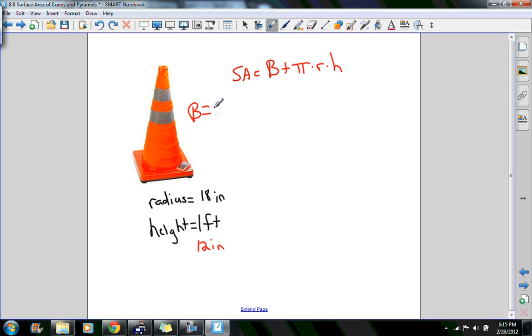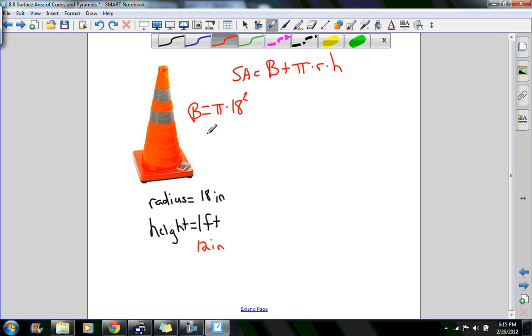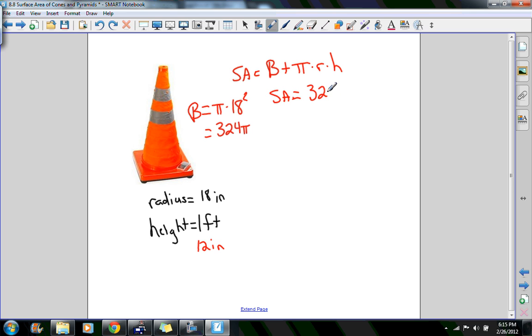So our base is going to be pi times r squared, which is 18 squared. I do not have 18 squared memorized. 324 pi. So that means our surface area is going to be equal to 324 pi plus pi times our r, which is 18, times our height, which is 12, because we converted to inches.